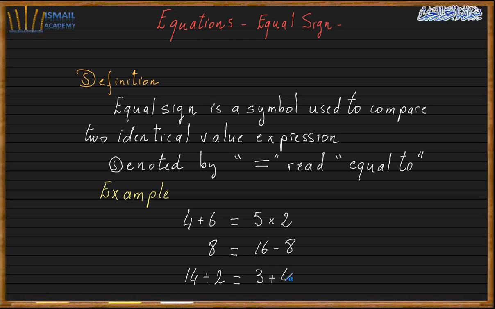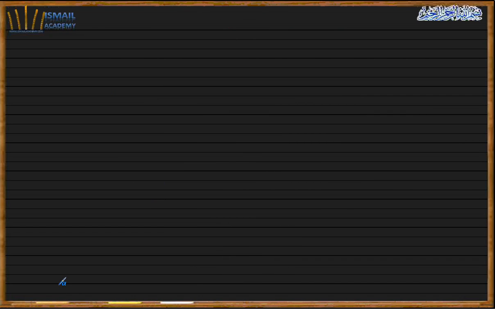So those are examples of equal. So now we are going to talk about the property of the equal sign. Before that, I'll put it in a remark. If the expressions are not equal, so if the quantities are not equal, we use a different symbol.